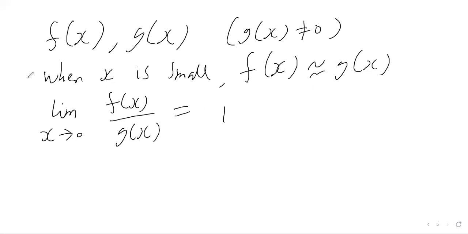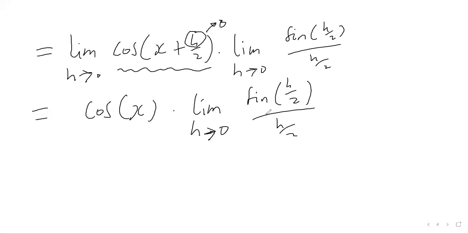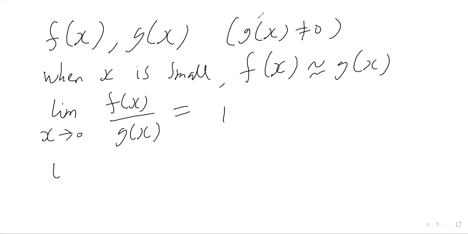Now we're going to use this kind of idea when we want to find this limit in this slide here, the limit of sine of h over 2 divided by h over 2. So we know for small angle approximations, so when theta is small, sine theta is approximately theta.